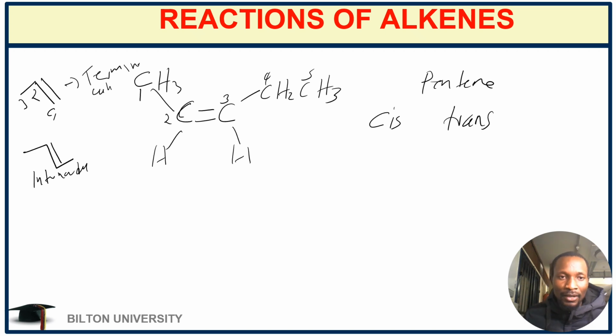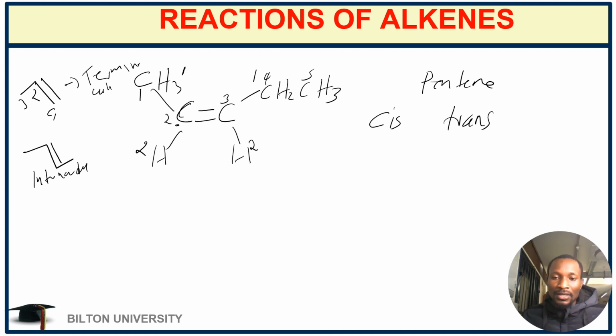Now let's look. If we take this carbon number 2, here we have methyl as priority number 1 compared to hydrogen on this carbon. And if we look at carbon number 3, we have the ethyl group, which has the higher priority compared to this hydrogen. So you can see that on the same side of the double bond we have the alkyl groups.